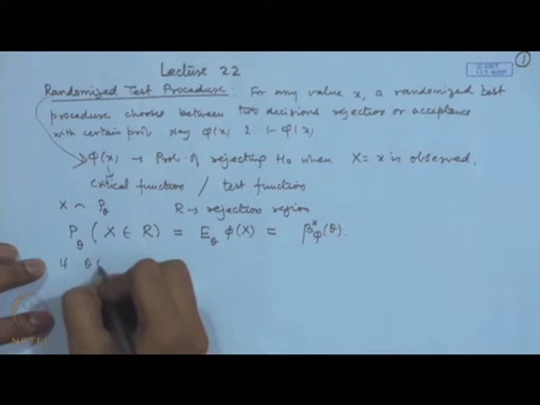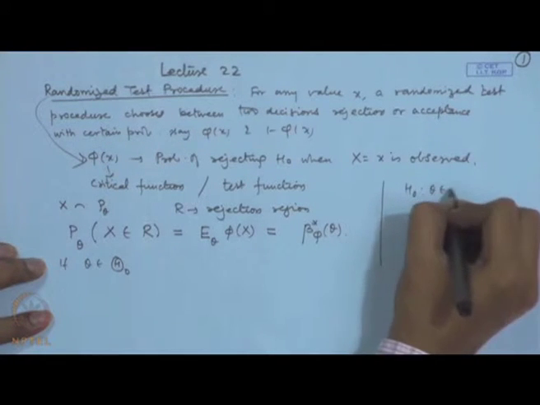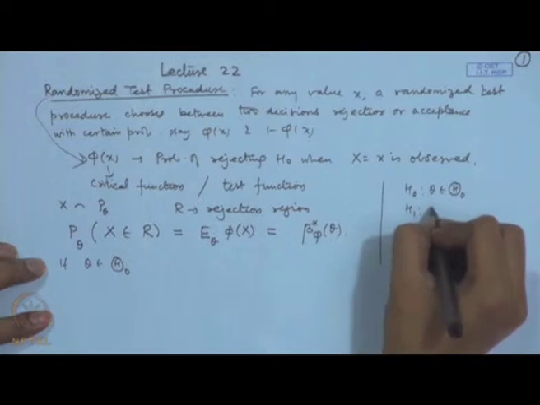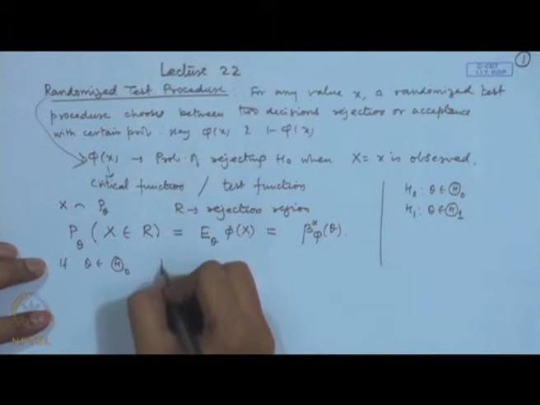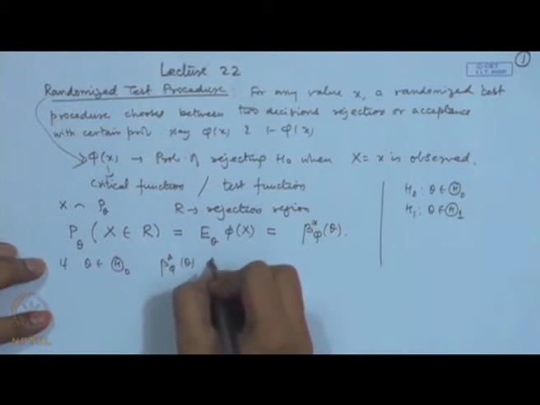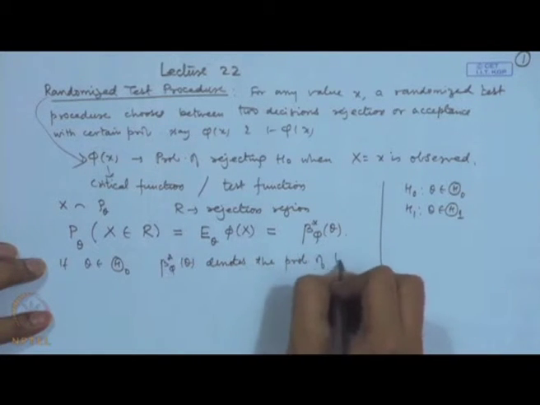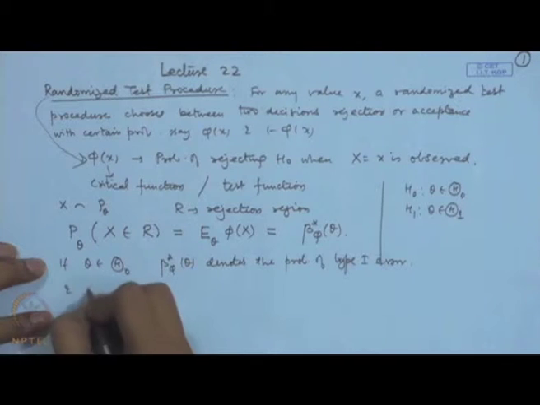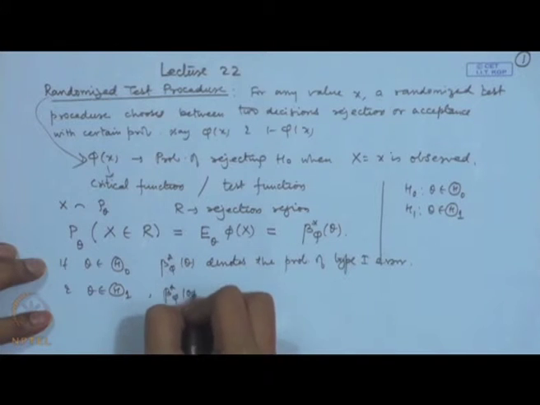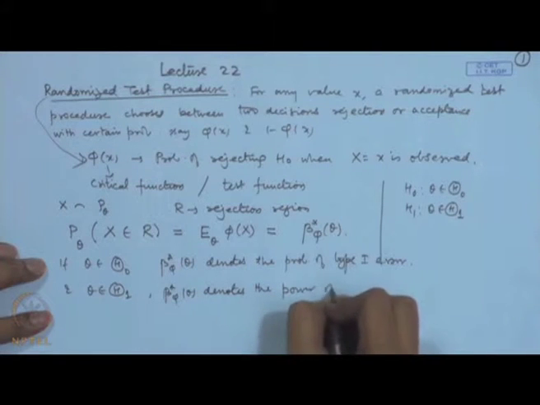Let me again specify our general hypothesis framework: H naught, theta belongs to theta naught, and H1, theta belongs to theta 1. If theta belongs to theta naught, this beta star phi theta denotes the probability of type 1 error, and for theta belonging to theta 1, beta star phi theta denotes the power of the test.